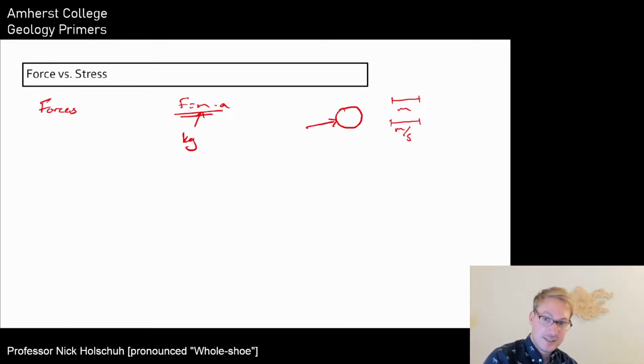The rate that the speed changes is in meters per second squared. This is our acceleration. So, mass times acceleration is force. Force, therefore, is kilogram meters per second squared, which has the unit of the Newton.